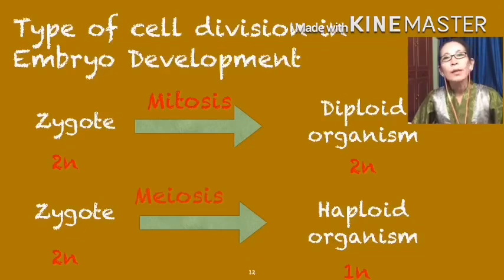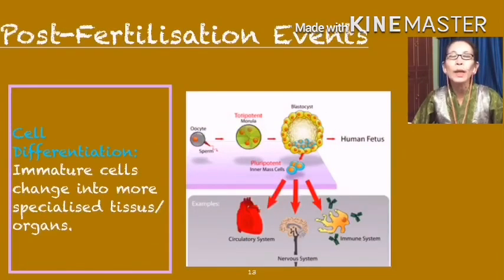So whether the zygote forms the embryo through meiosis or through mitosis, both of these divisions result in an increase in cell number. But after a certain period of time, the embryonic cells start to mature and specialize into tissues and organs. And this process of maturation and specialization is called cell differentiation.